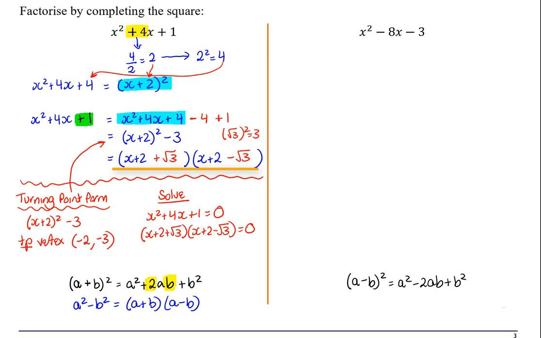And using my null factor law, my x is going to be -2 minus √3, and or x is going to be -2 plus √3. Right? And if you then sketch, they're your x-intercepts. Now, another thing, note that you have to have a minus here to fully factorize. If that is a plus, you can't go any further.